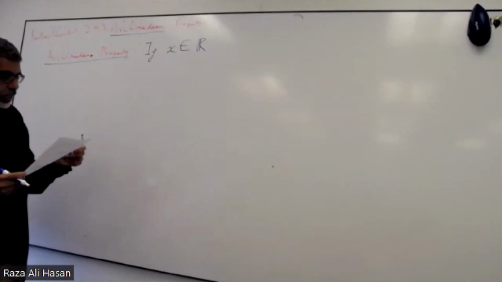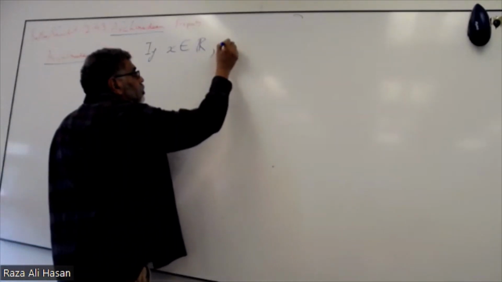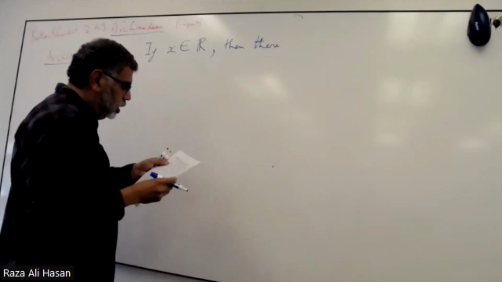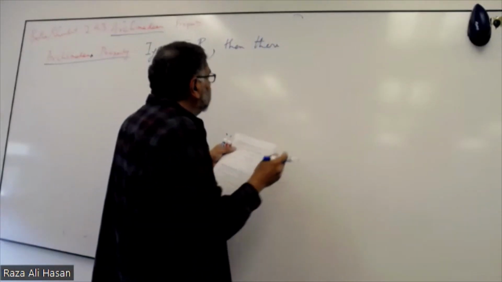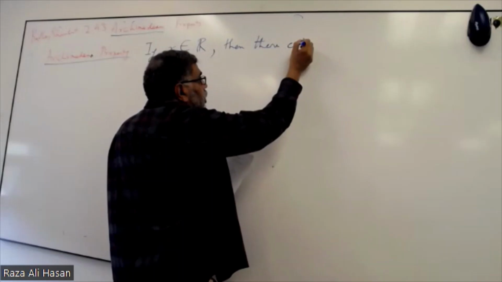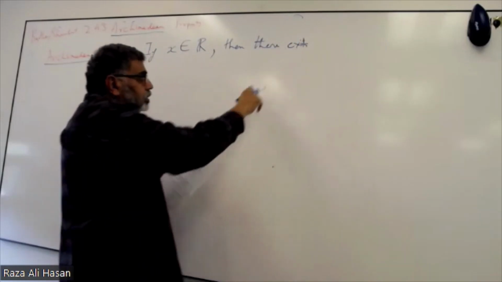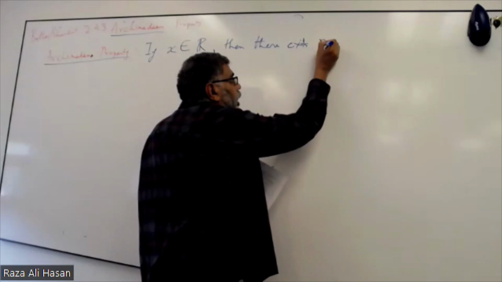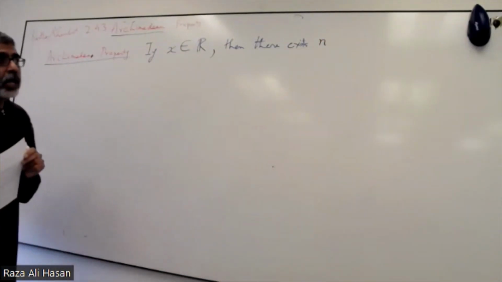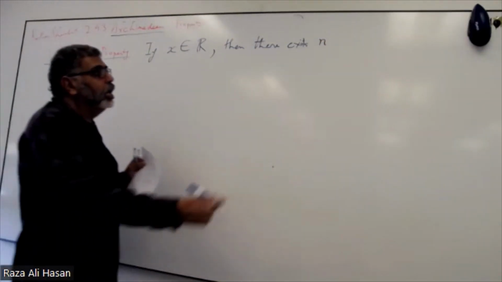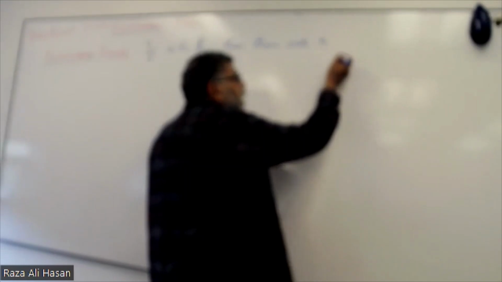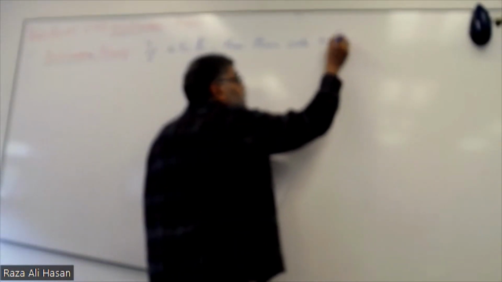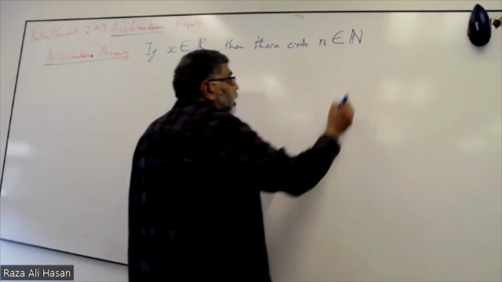which is what this says, then there exists a number n, small n, a natural number, small n. How do I say it's a natural number? Belongs to, that's what I just said.